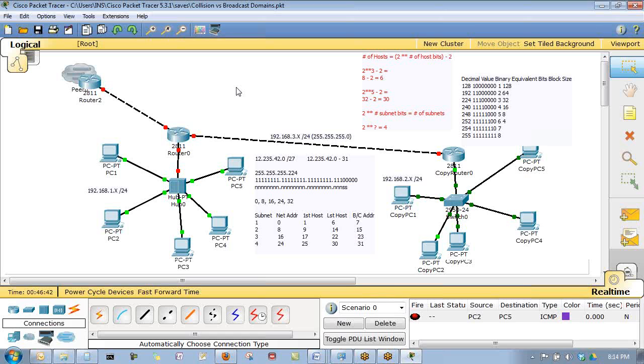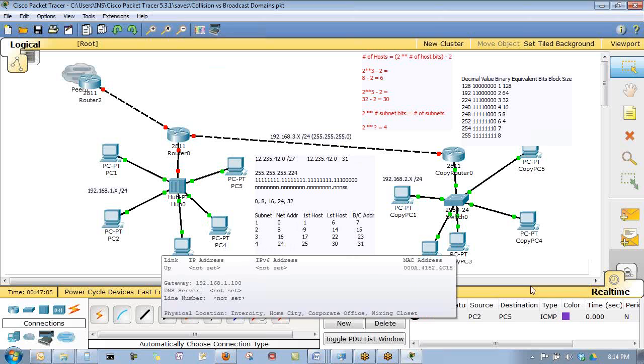All right. So what I wanted to do here was explain why we subnet and go through a basic example of subnetting. Subnetting is taking a limited number of IP addresses and spreading them around to the different subnetworks that we have in our network.